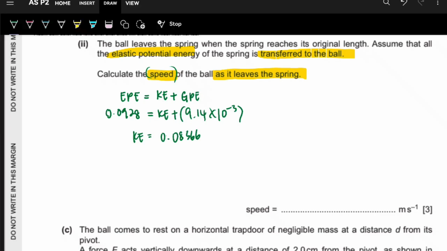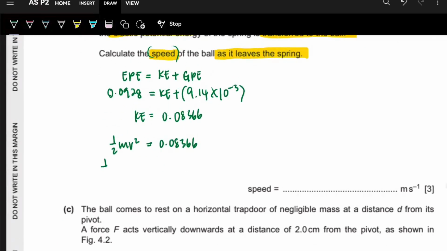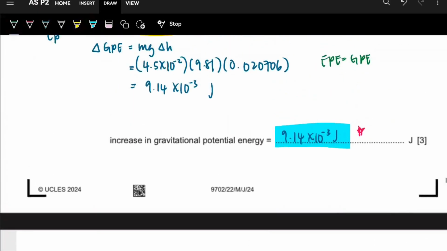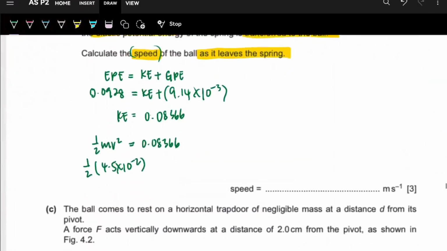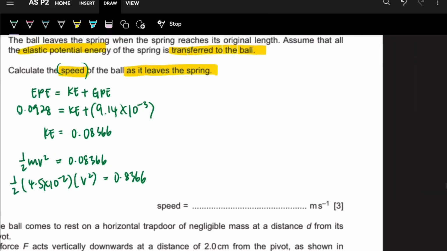Yep. So we know kinetic energy is 1/2 mv squared. So it's equivalent to this. Now what you do is you take 1 over 2. What's your mass? Your mass is 4.5 times 10 to the power of negative 2, as given. We used it here just now also. v squared is what we're trying to find. So you do your math.